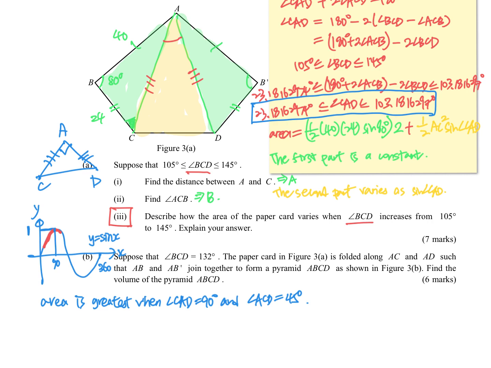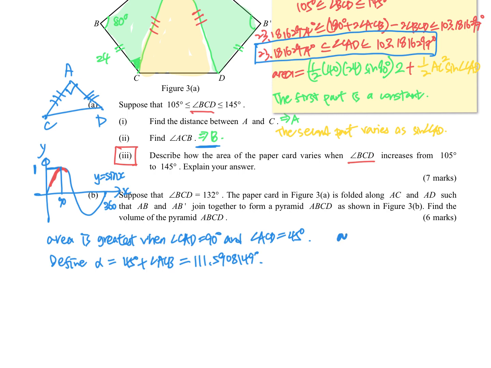So if we try to define alpha equals 45 plus angle ACB, which is a fixed number, we can make use of the answer in part A2, which is 111.5908 degrees.